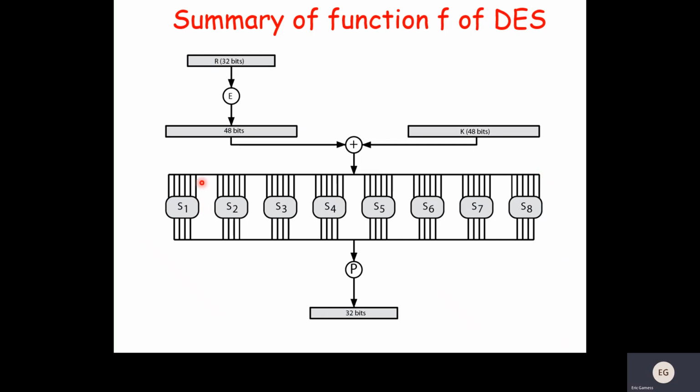So this will be block 1, block 2, block 3, up to block 8. On block 1, I have to go from 6 bits to 4 bits using the S1 table. So in the S1 table, to know the row, I take the first bit and the last bit. And to know the column, I take these 4 bits. Okay, and it will give me the column. And this will give me 4 bits. Then I apply the P table, the permutation, and it will give me the output of function f.